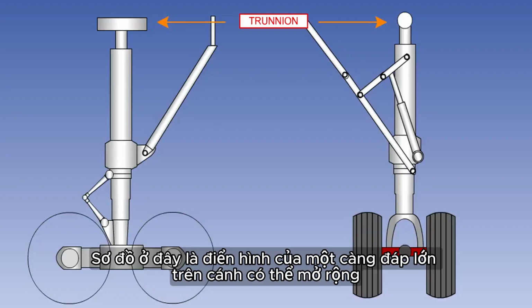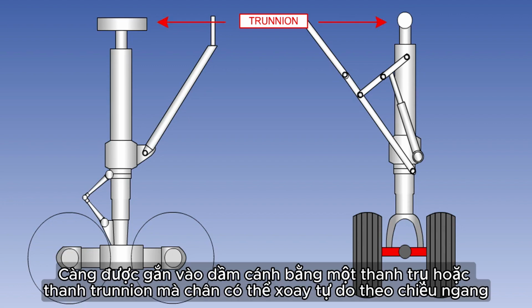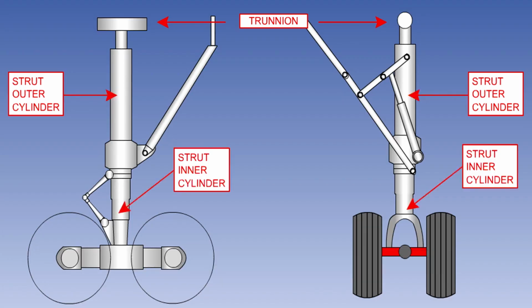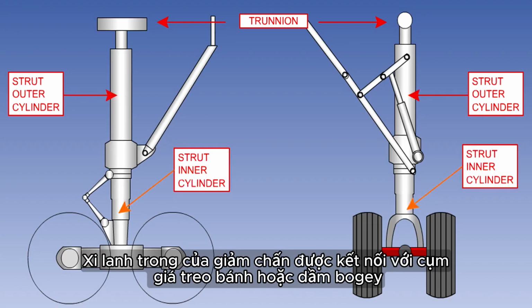The diagram here shows a typical large aircraft retractable wing gear. The leg is attached to the wing spars by a cylindrical beam or trunnion on which the leg is free to rotate laterally. The upper part of the leg forms the outer cylinder of the oleo-pneumatic strut. The strut in a cylinder is connected to the wheel bogie or truck beam.